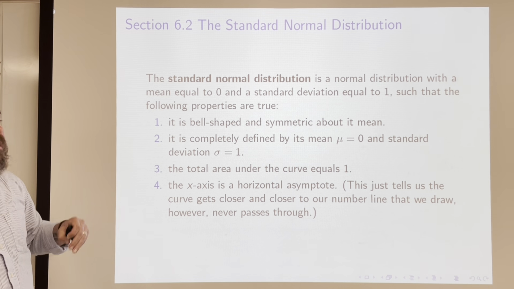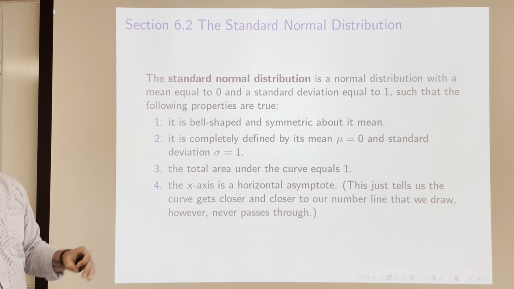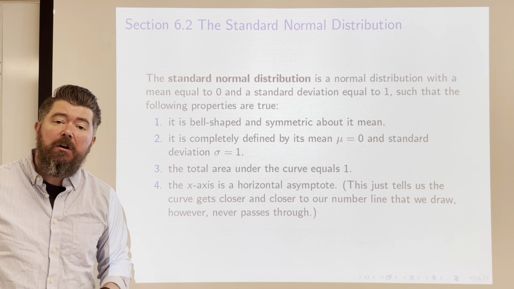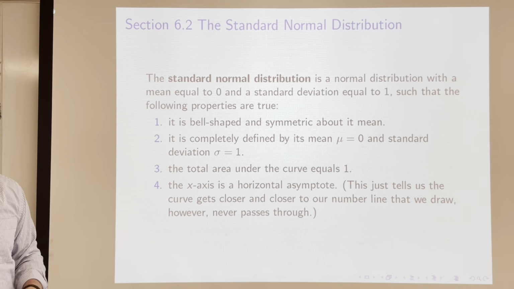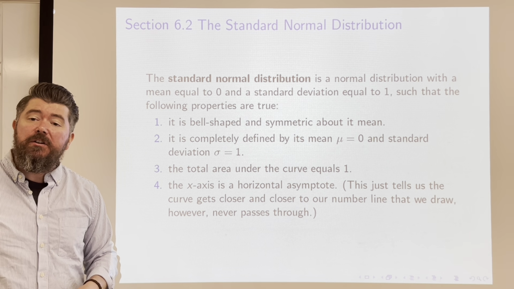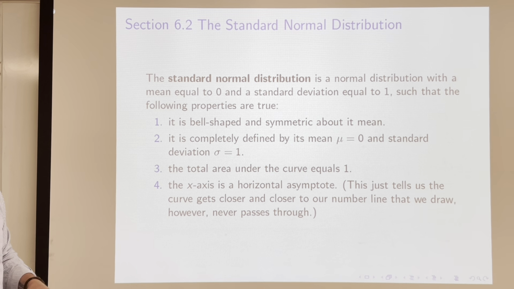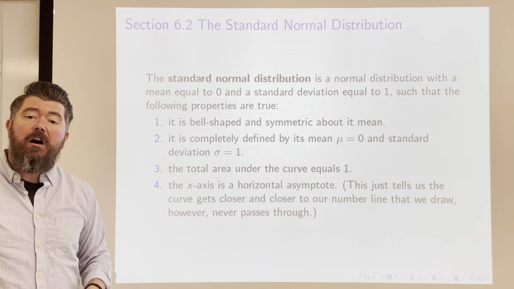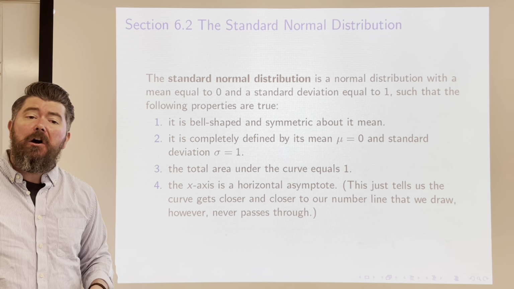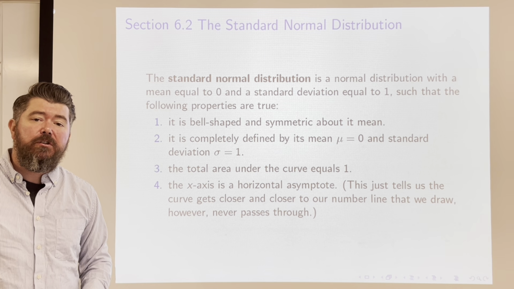So 1, it is bell-shaped and symmetric about its mean. 2, it is completely defined by its mean, mu equals 0, and standard deviation, sigma equals 1. 3, the total area under the curve equals 1. And finally 4, the x-axis is a horizontal asymptote. This just tells us that the curve gets closer and closer to our number line that we draw, however, never passes through that number line.